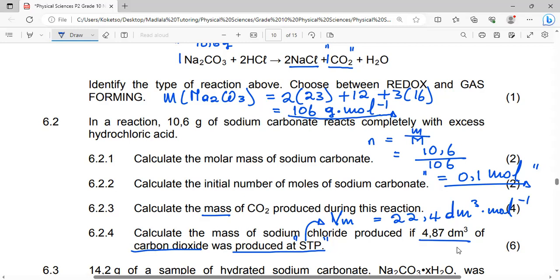So it will always be like this, but sometimes the examiner can give you another value. So it depends. Always check your table of constants. Fine stuff. So if I have the volume of carbon dioxide, I also have the molar volume of carbon dioxide. Then I can easily calculate the number of moles.